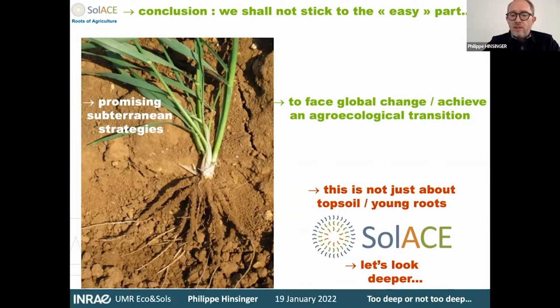As I pointed out several times, this is not just about topsoil, young roots, and not just about roots. And in the SolACE project, we've been trying to look deeper. And so we will have some examples now to look at what's happening deeper in the soil. So thanks a lot. And maybe if we still have time, I can answer some questions.